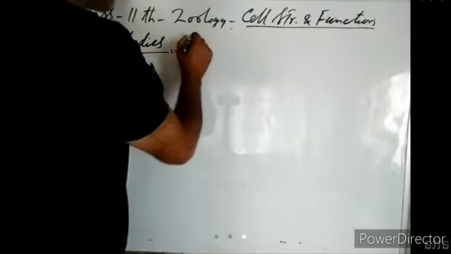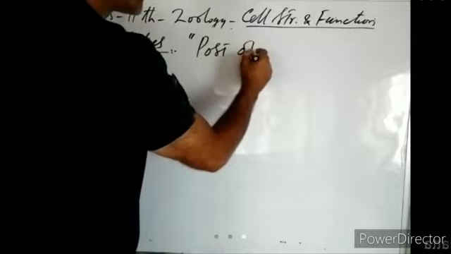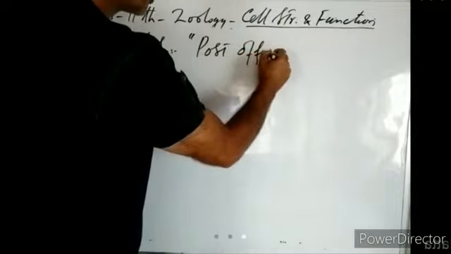As the nucleus was known as director of the cell, or brain of the cell, and mitochondria were known as powerhouses of the cell, what are Golgi bodies commonly known as? They are commonly known as the post office of the cell.